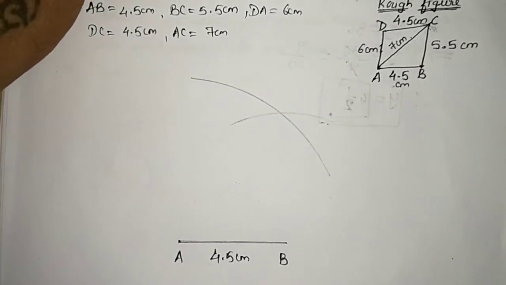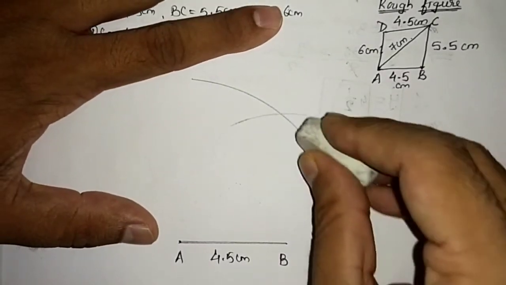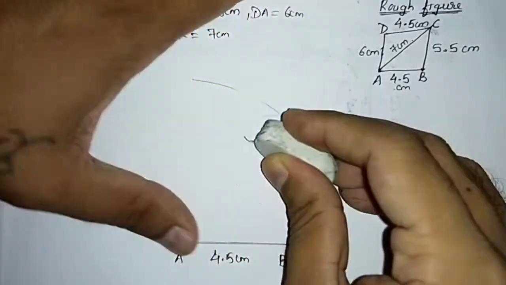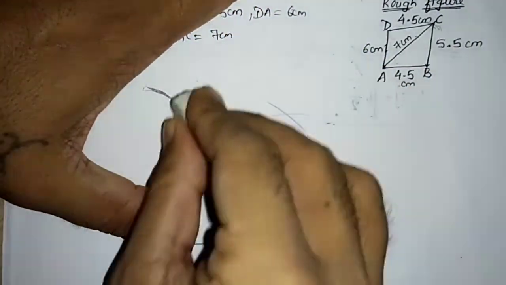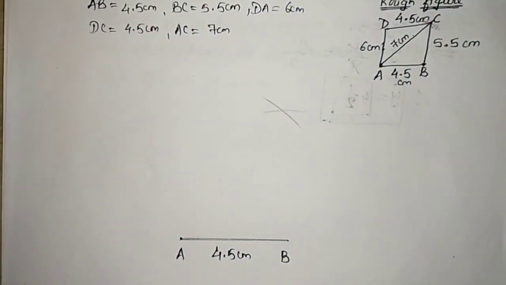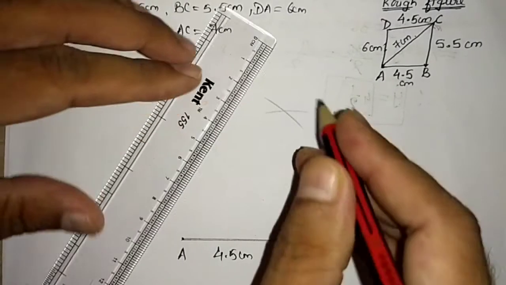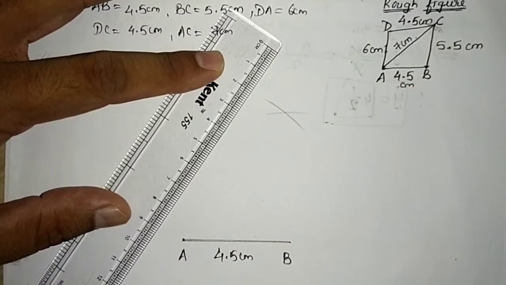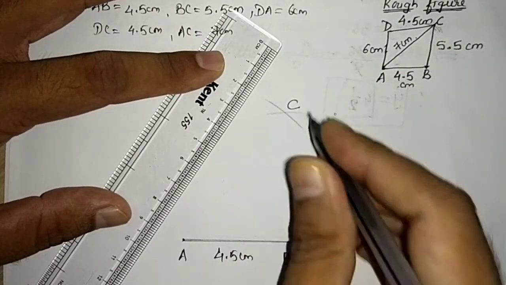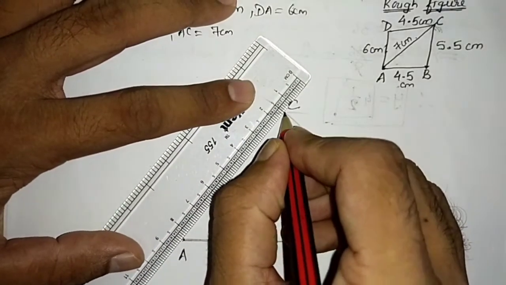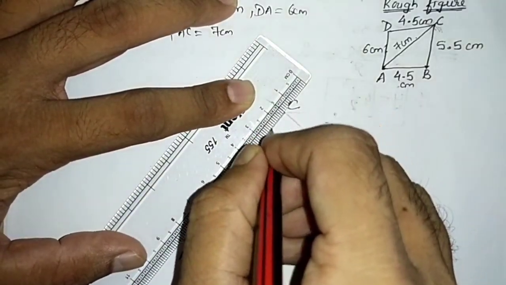Now we have got the point of intersection, so remove the extra thing so that your work appears good. Join that AC. Now join AC, give it name as C because it is C. This point of intersection must be joined with A.